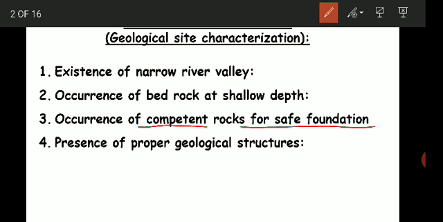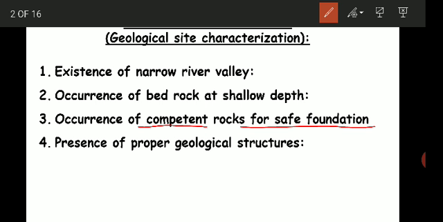We also have to see the extent of weathering the rocks have undergone, that is the disintegration and decomposition of the rocks, and even the occurrence of intrusions, fractures, and folded rocks. Okay, if such geological structures are there, then that will again reduce the strength of the rock because they undergo weathering very easily.